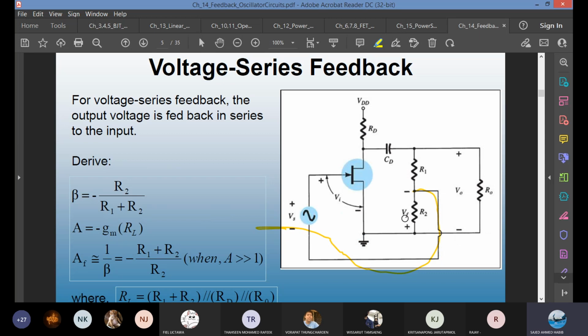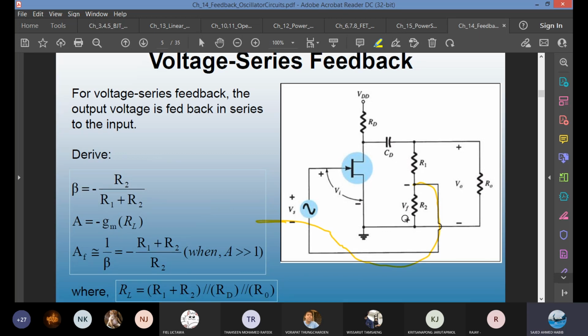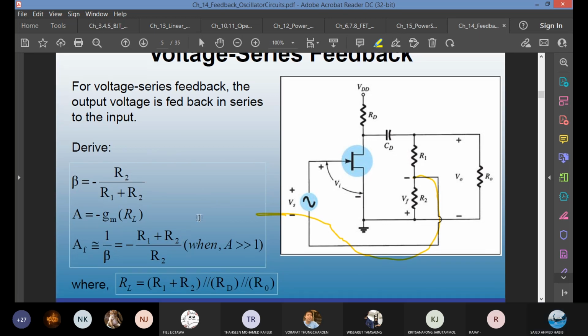I asked this problem in the class or quiz 2. Most of you did it correctly. Most of you did not say AF is 1 over beta, because A was not much greater than 1. A was, I think, minus 30 or minus 28 in your problem, which is not 1,000 or 10,000.